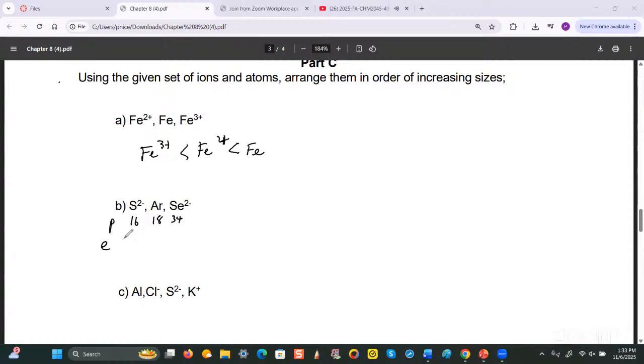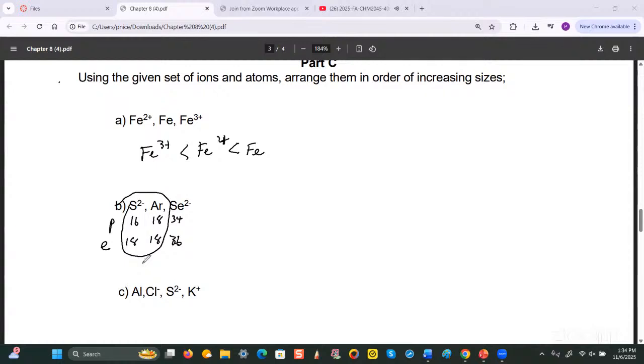And then in terms of the electrons, the sulfide will contain 18, argon will contain 18, selenide will contain 36, right? Okay, so these two are isoelectronic because they have the same number of electrons, right? So between those two, which one do you expect to be the smaller of those two?